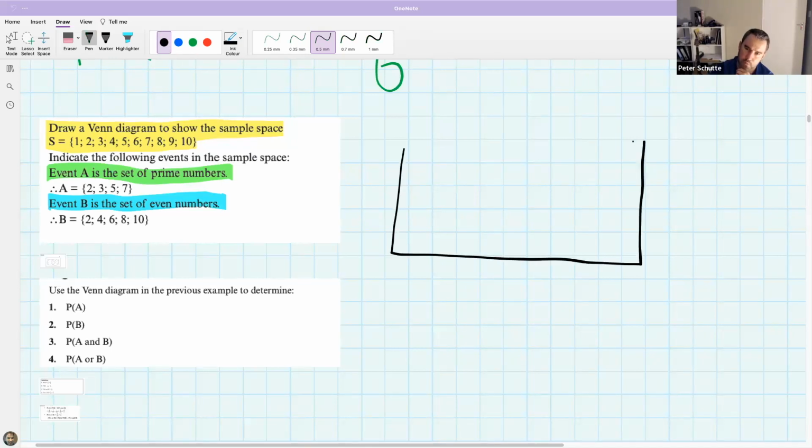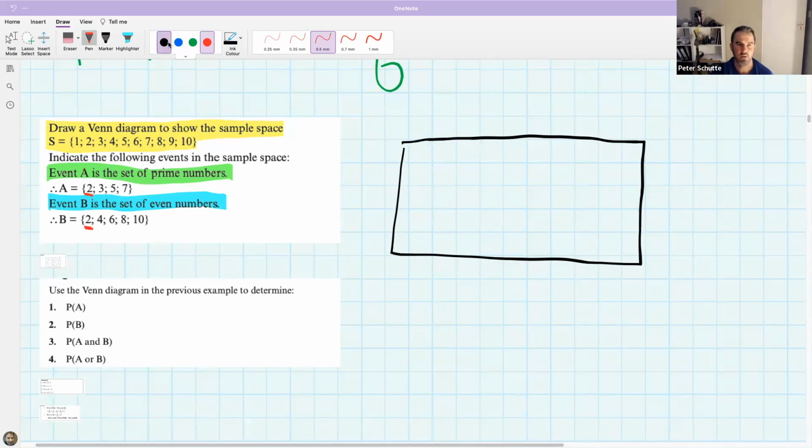So your sample space with Venn diagrams will always be a rectangle. And now the question is, I suppose we should ask, are there any items that are in both A and B? Because if there's an item in both A and B, and I do notice one, the one I notice is 2.